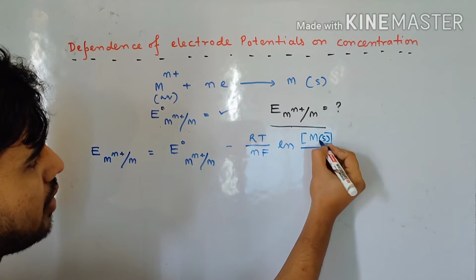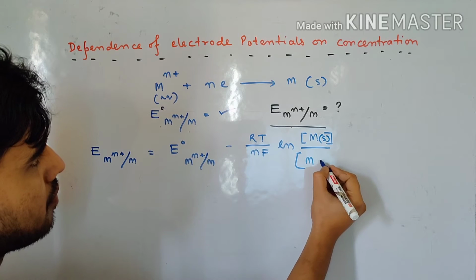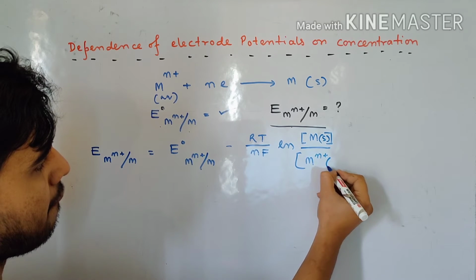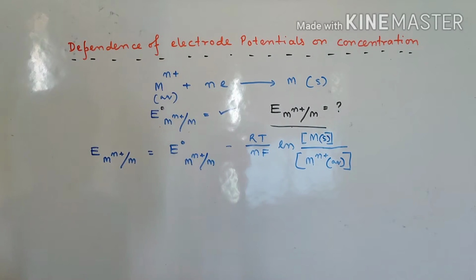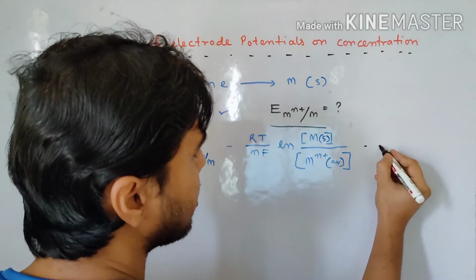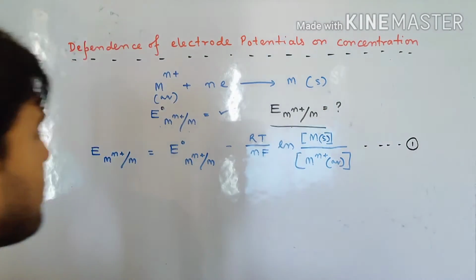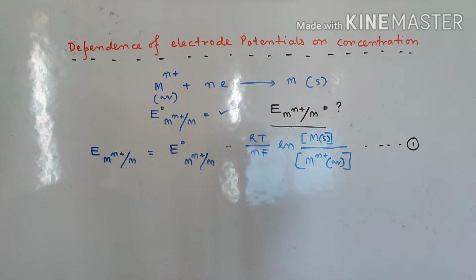So this is the main Nernst equation, equation number 1. But as we know, we can convert ln to log for simplification of the calculation, and we are just doing that.